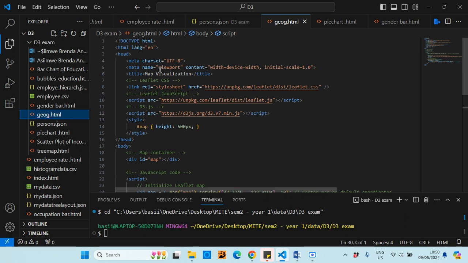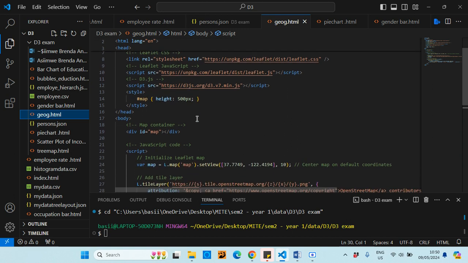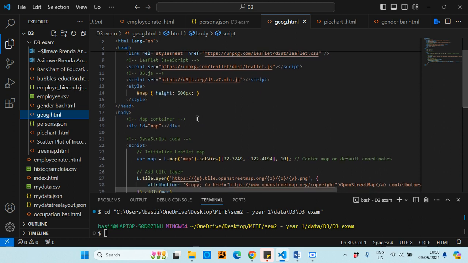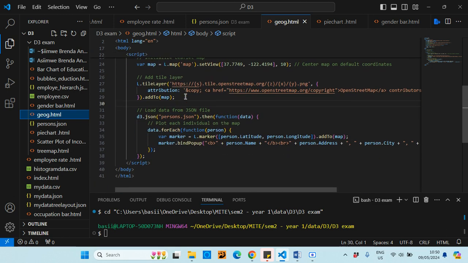Then we also have the library for the maps, and then we have D3 like we saw in the other previous code. We also set the height of the map, which is going to be 500 pixels. Then we go to the main code.